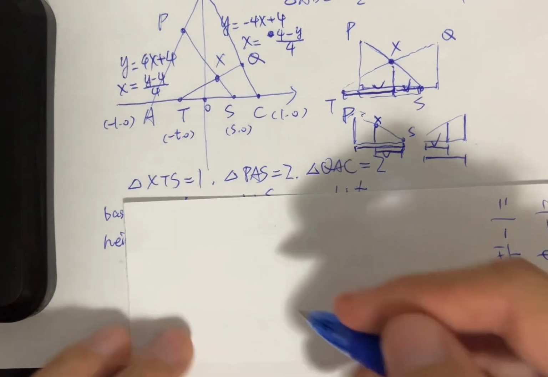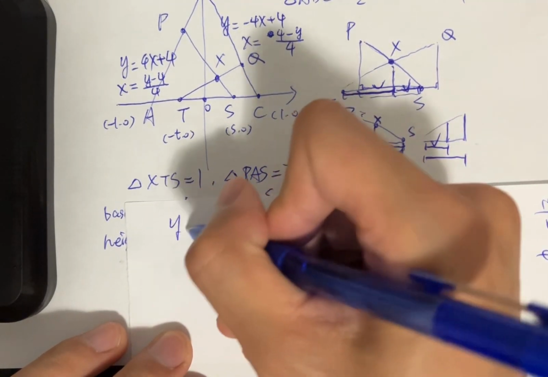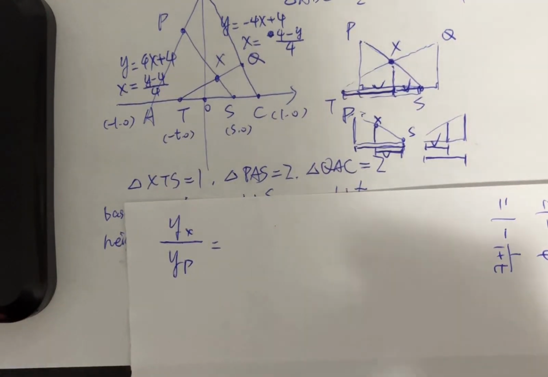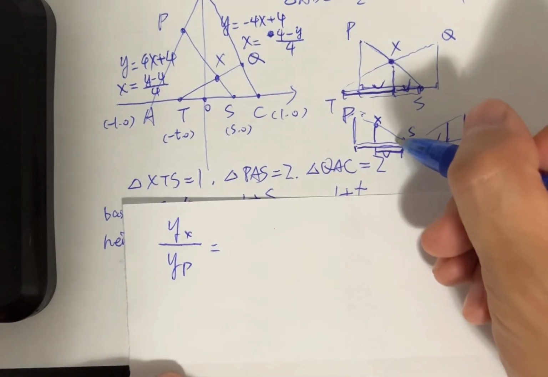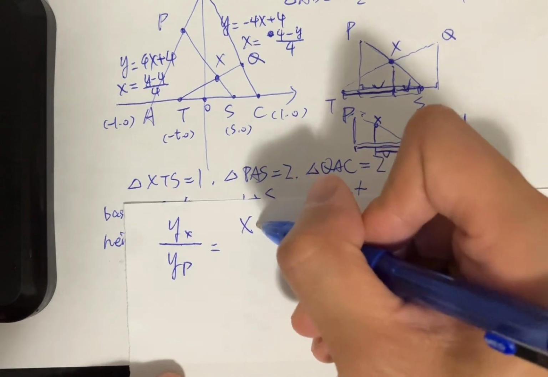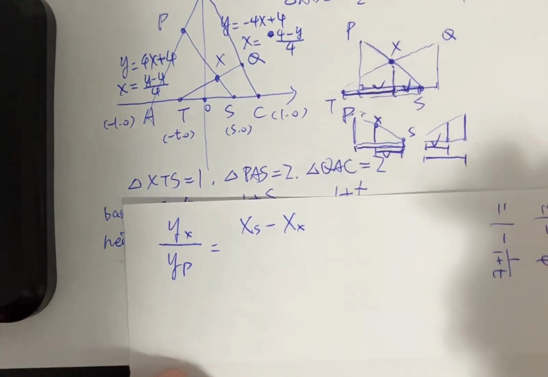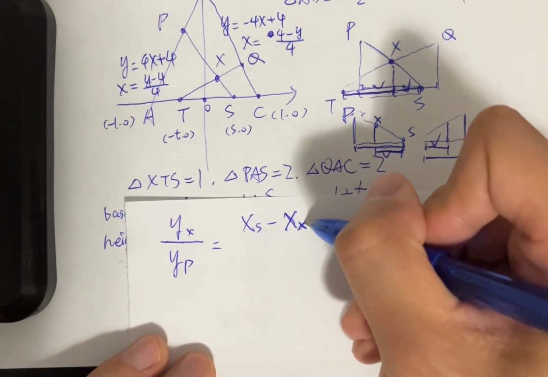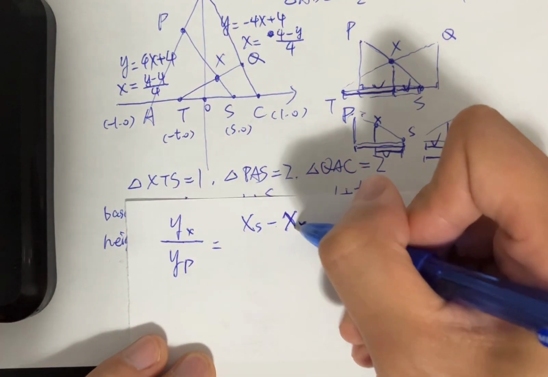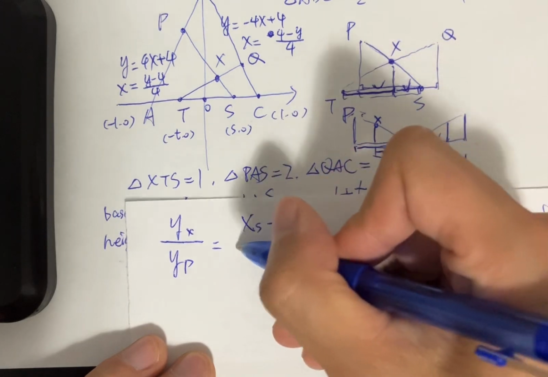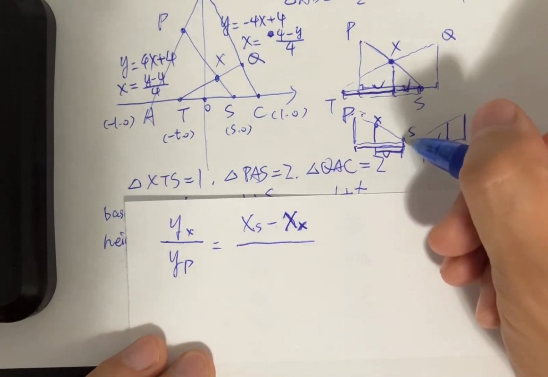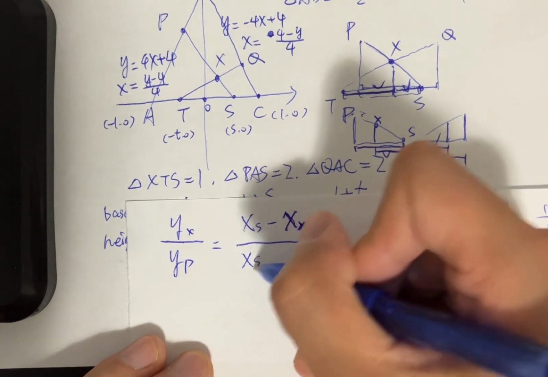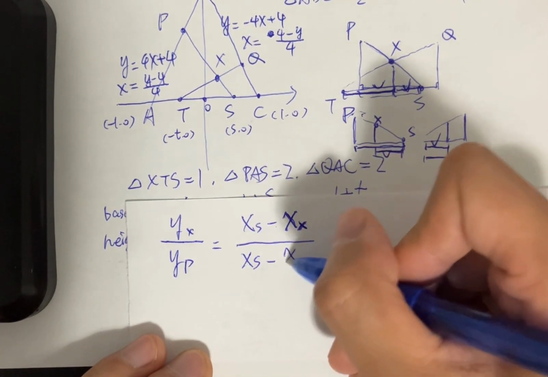On one hand, the ratio of similarity is YX to YP. On the other hand, it is XS minus XX over XX minus XP. The lowercase x is the point, and the uppercase X is the x coordinate.